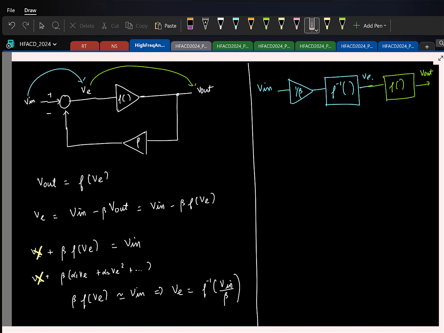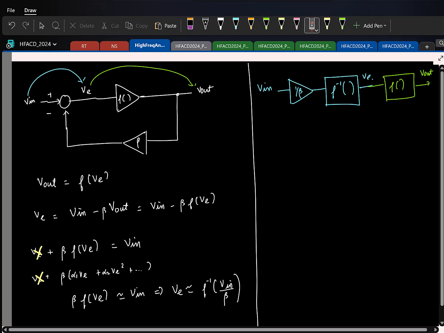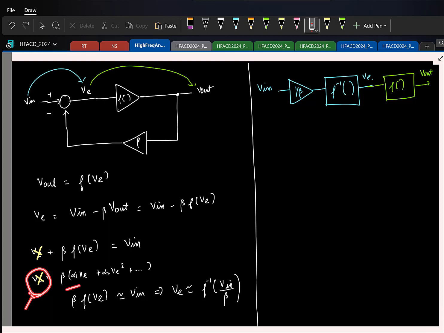And again this will exactly cancel only if this equation were true, but this is only approximate because we neglected this term. This can be neglected fully only if alpha 1 beta is extremely large. If alpha 1 beta tends to infinity, then this guy doesn't play any role. So if this equation is true, then there will be no nonlinearity.